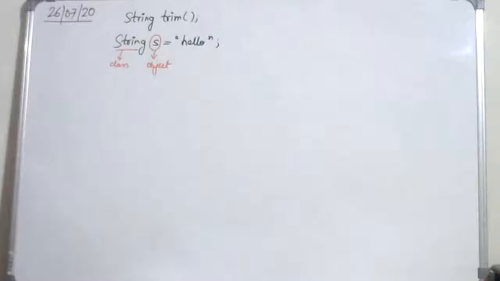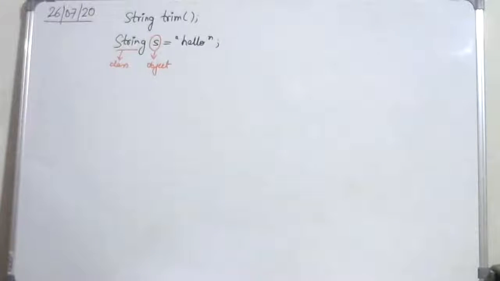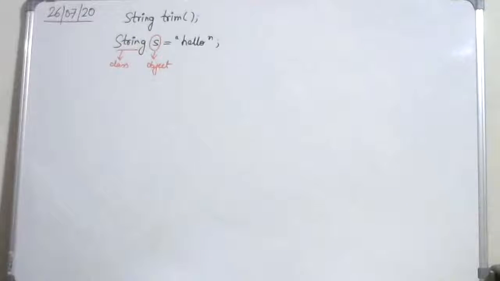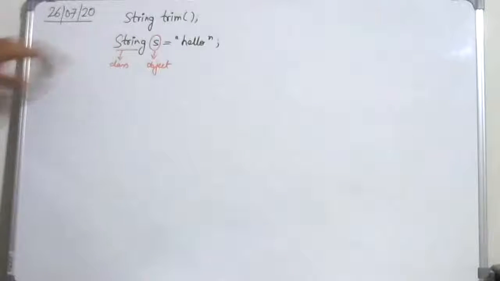So we treat string as a data type and we treat the variable defined as a normal variable, but technically this string is a class that is defined in Java.